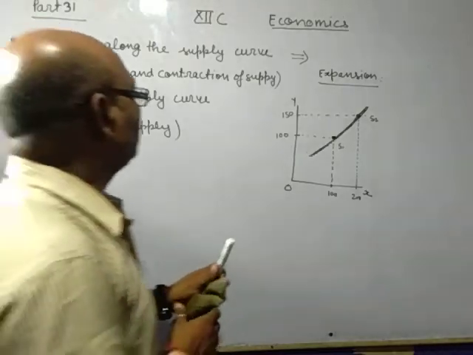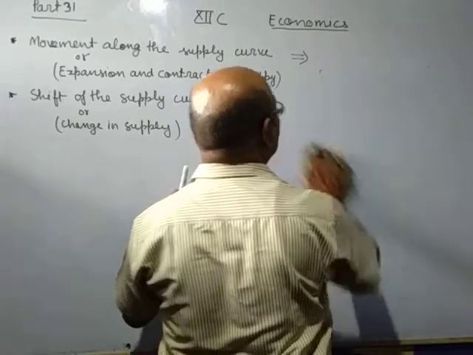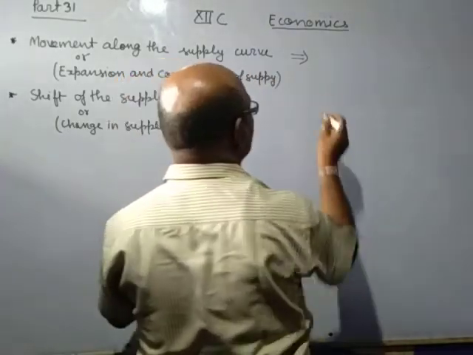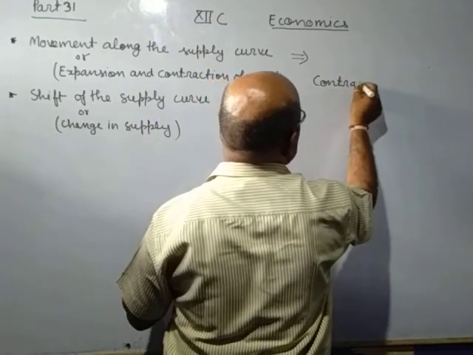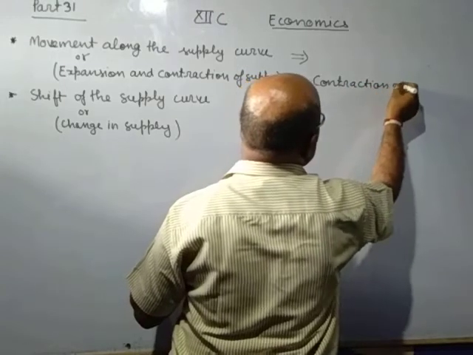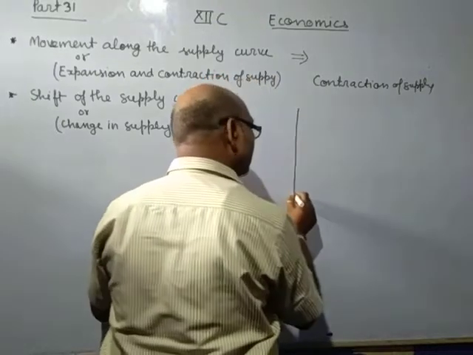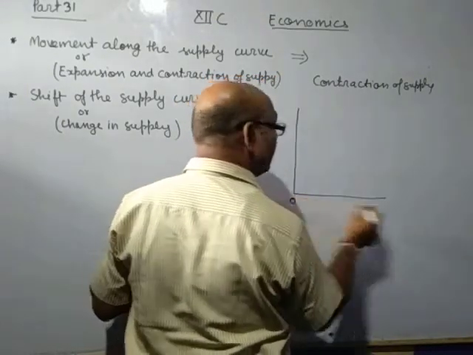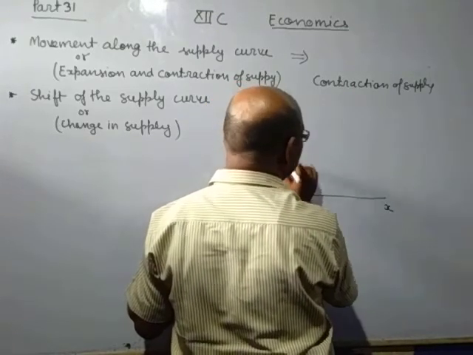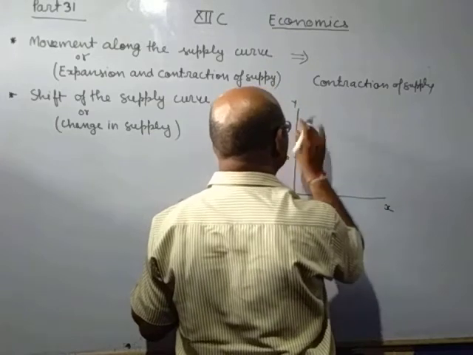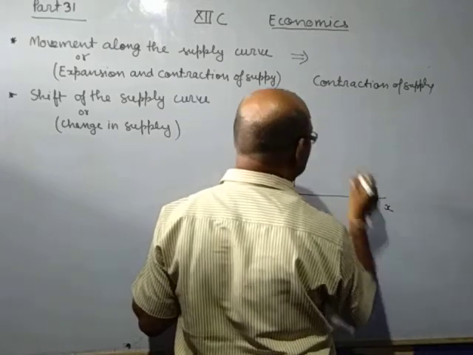So it is called expansion. Okay. Now contraction of supply. This is OX, OY. Here the price is 100 and supply is also 100.